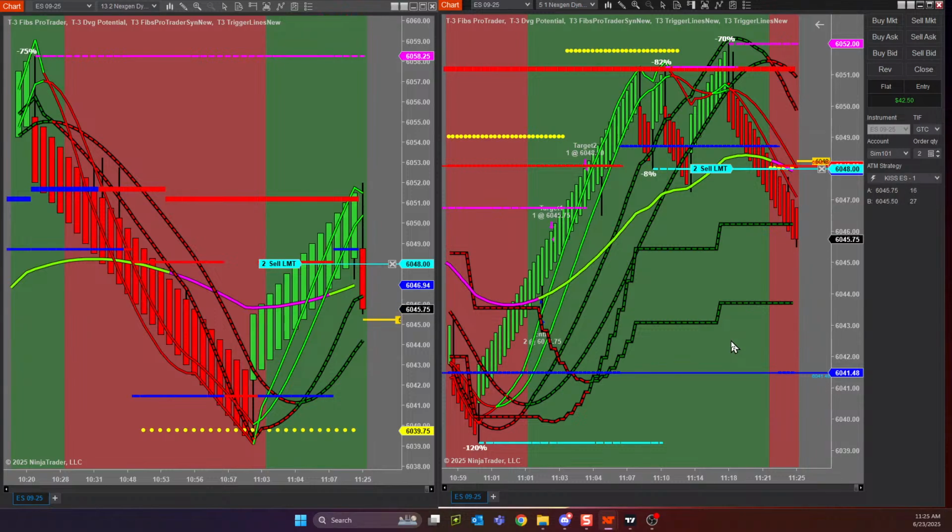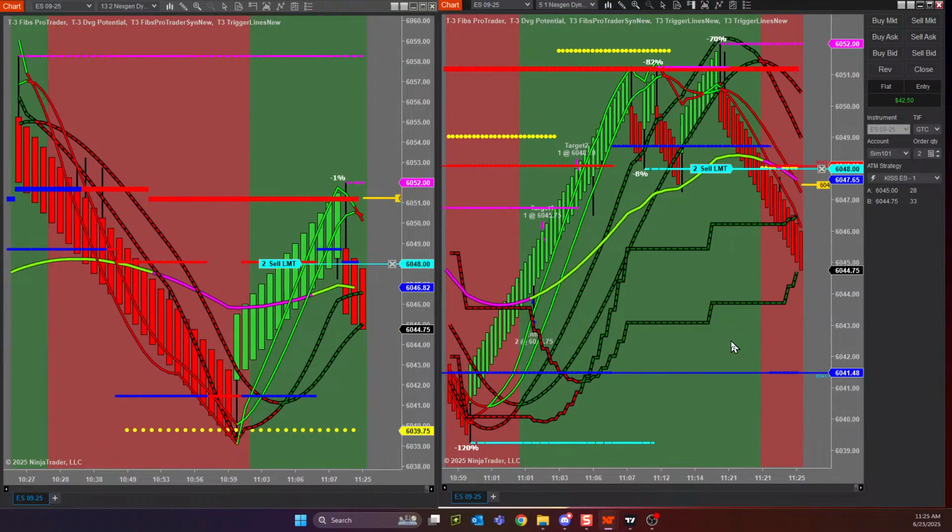I'm willing to take both because it fits my rules. I'd need that pullback pretty quick though. If I don't get that pullback soon, it's really not a momentum trade anymore. Then I kind of have to wait for it to become a trend trade.